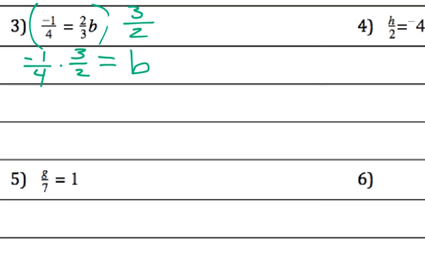No. Can I cancel anything out with 2 or 4? No. Yeah, 4 is twice as big as 2, but these are both in the denominator, and they have to be above and below each other to cancel out. So here I get negative 3 over 8 is equal to b.